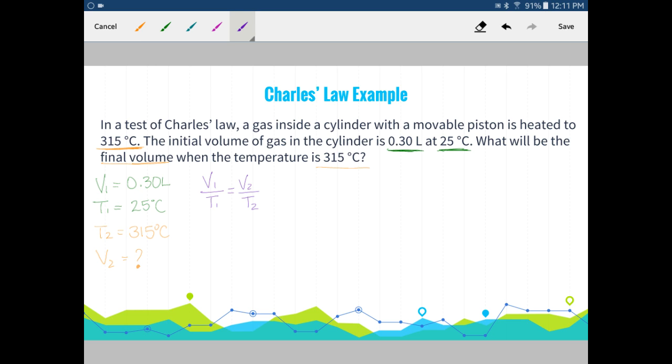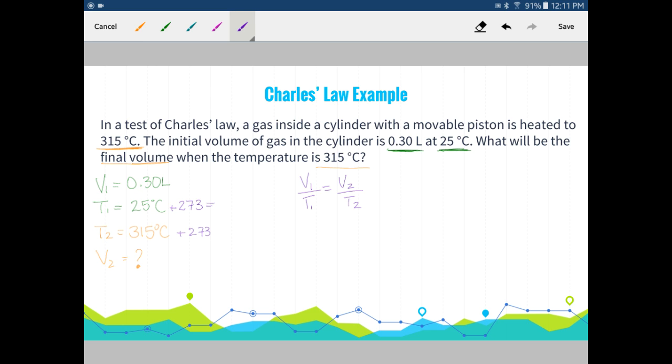Some things I need to note is that we need to convert all of our units into kelvins. At least our temperature units should be in kelvins. So I'm going to add 273 kelvins to each of these.